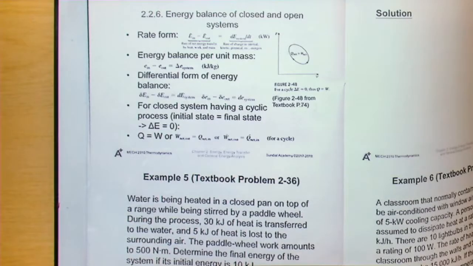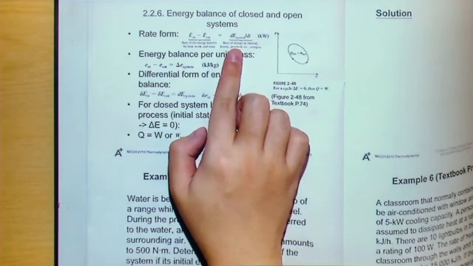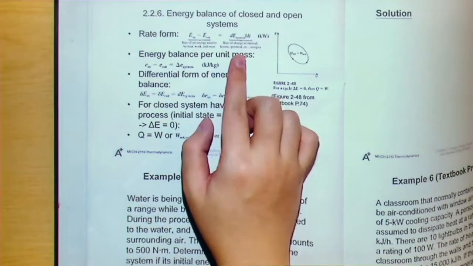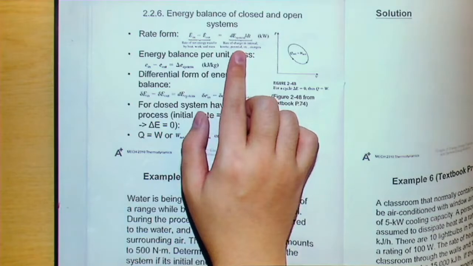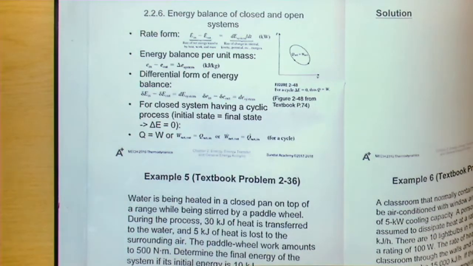Here we also have the rate form and the energy balance equation on a unit mass basis. Here is the rate form: E dot in minus E dot out will be equal to dE/dt. I mentioned earlier that I should not use dm/dt in the very beginning when talking about the mass flow rate.